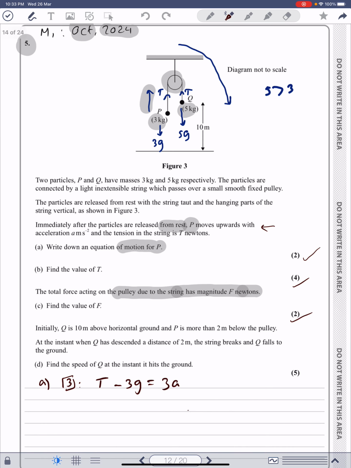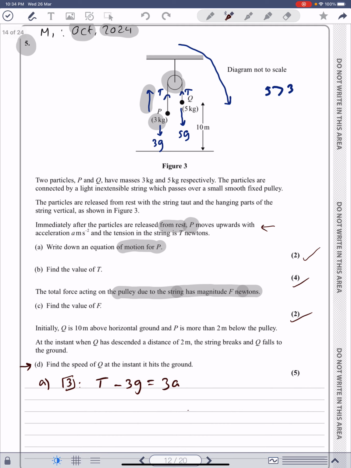Part C is done. For part D, of course, usually in these questions in M1, they ask a part where you have to think. Initially, Q, which is the 5 kilograms, is 10 meters above the horizontal ground, and P is 2 meters below the pulley.